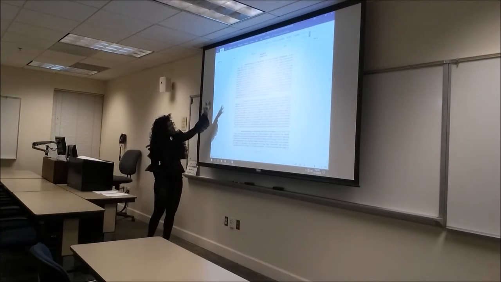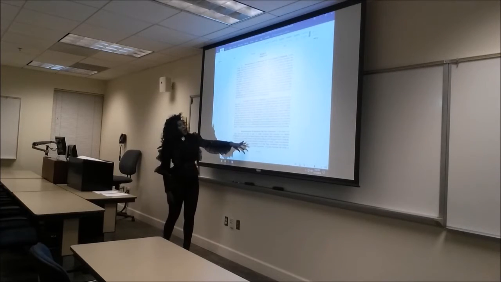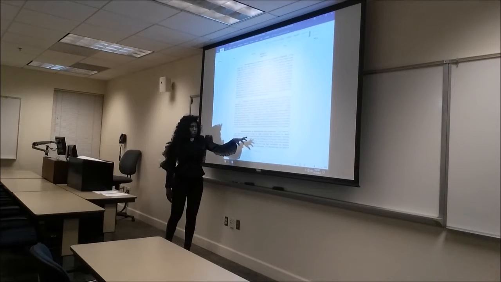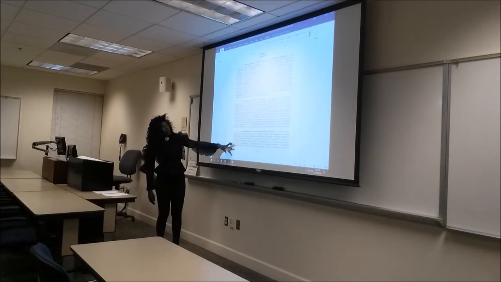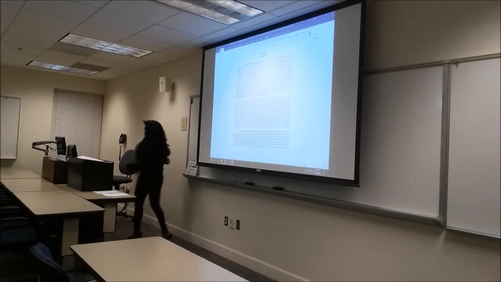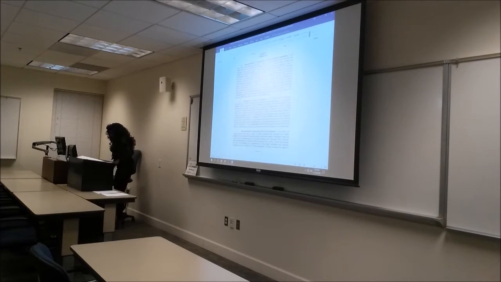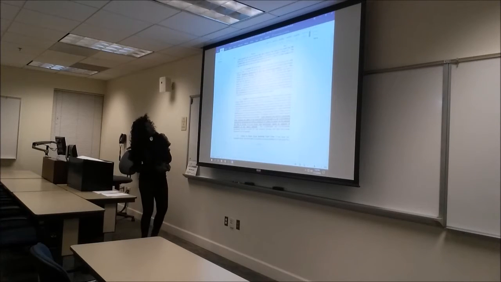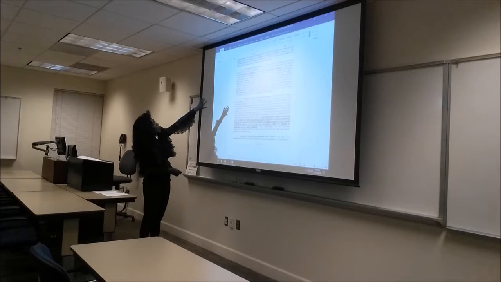And then here's another termination event that goes to representations and warranties regarding prior disclosures to individuals. And so then the procedure here is set forth for that. And so then here it talks about covenants.